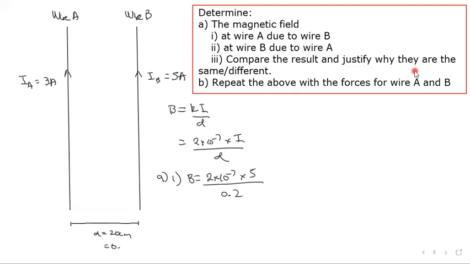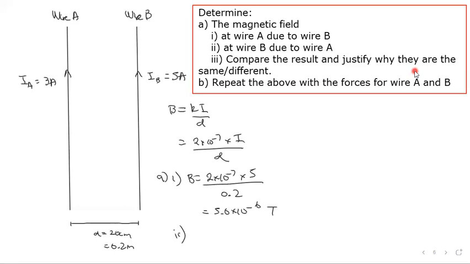Remember, this is 0.2 meters. So that gives you a nice answer of 5 times 10 to the negative 6 Tesla.